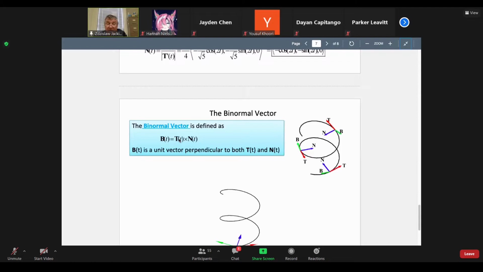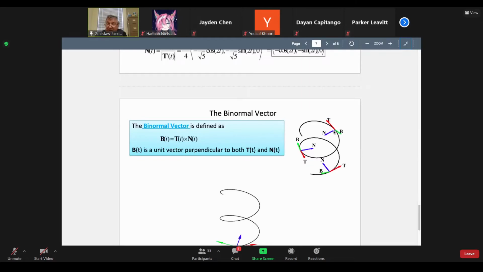So if you compute the cross product of unit tangent and unit normal, you get the binormal vector. Of course, you know that the cross product is perpendicular to both of these. So the binormal vector is perpendicular to T and N.